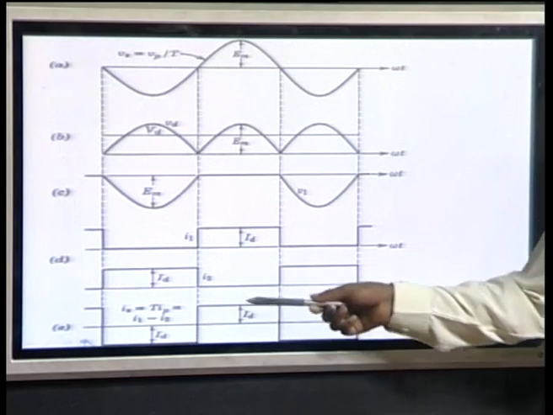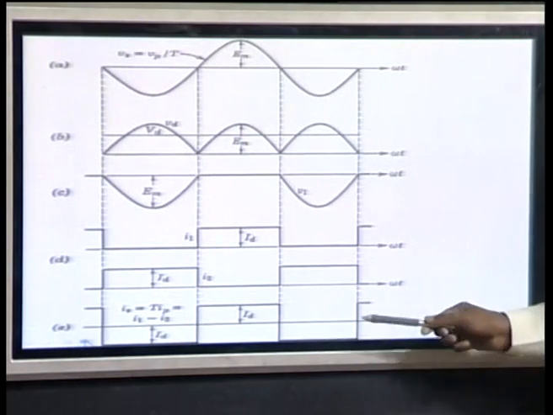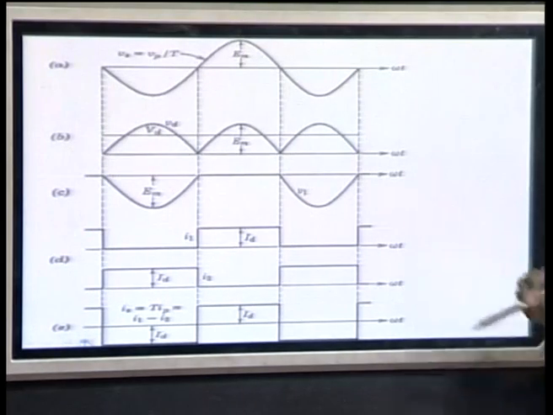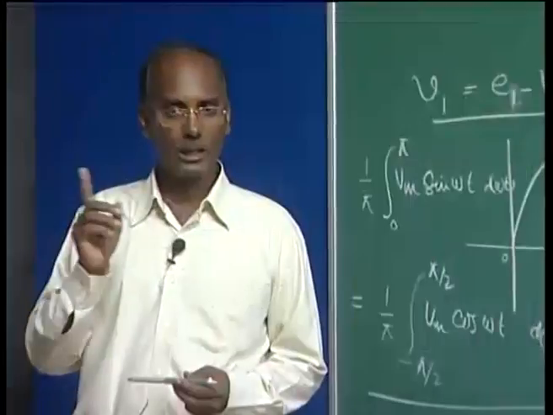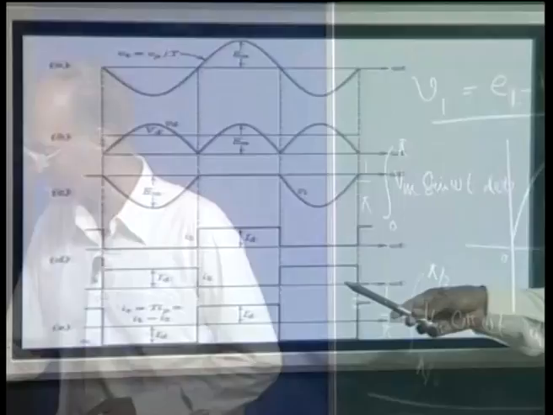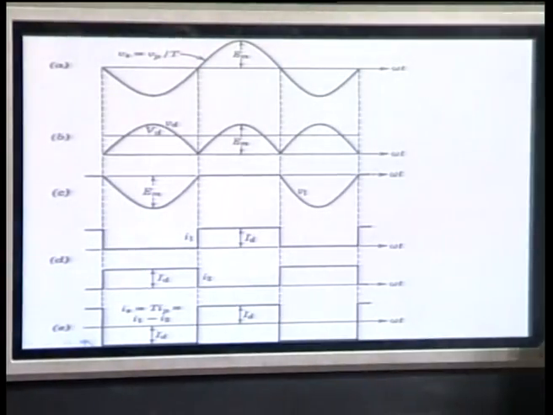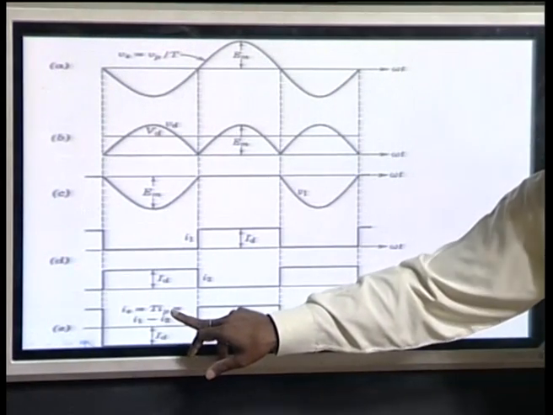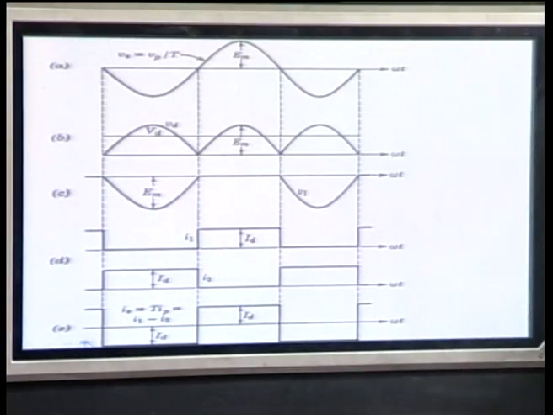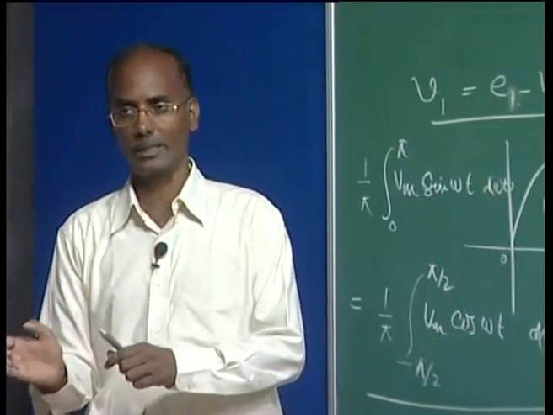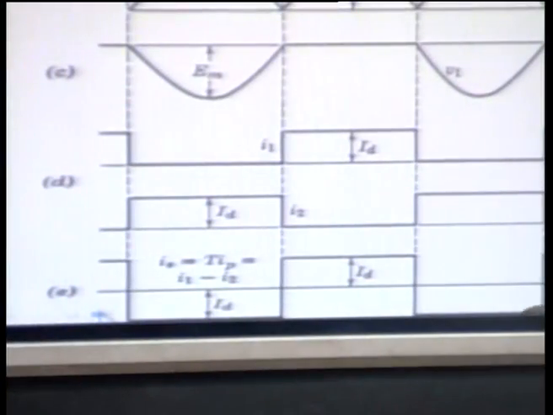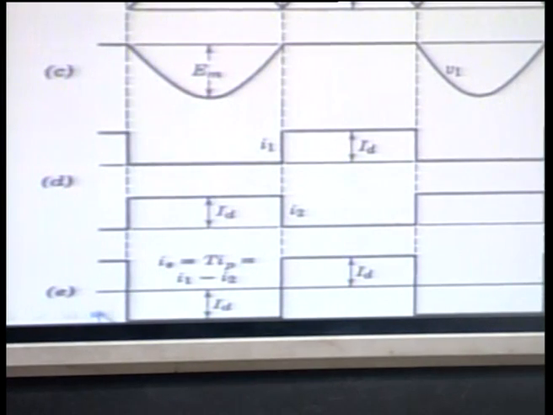The primary side current, in this case, is a pulse. Another difference from the half wave rectifier circuit is that the secondary side and primary side currents are the same. Here Is equals T multiplied by Ip, where T is the turn ratio. If T is unity, Ip is equal to Is, primary and secondary. So, in this configuration you can see a complete square wave in both the primary and the secondary of this transformer.